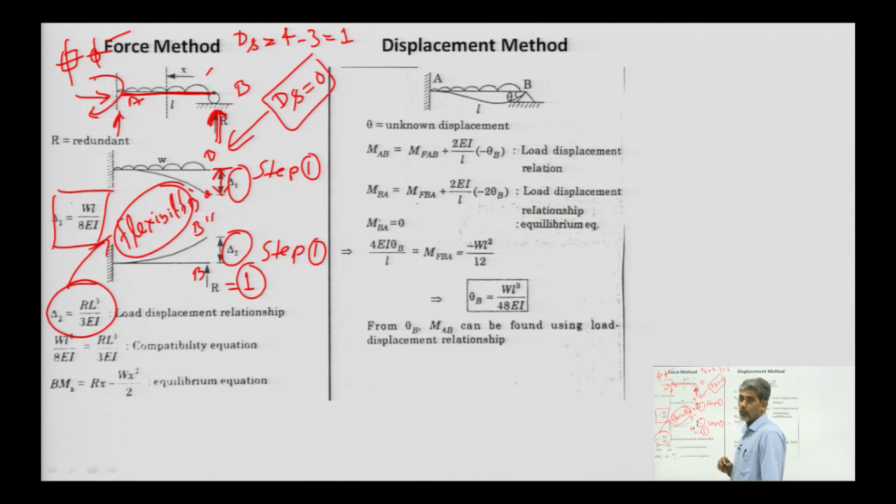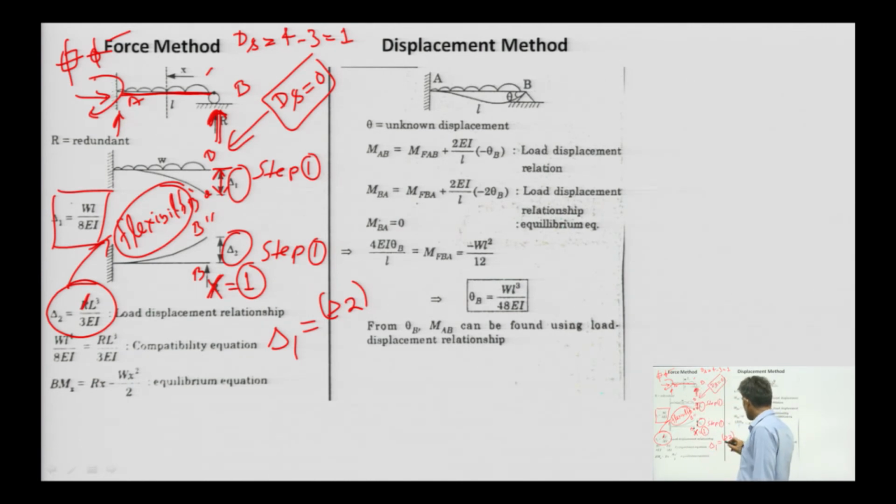After having this value of delta 2, we can write the additional equation that we want. How can it be written?